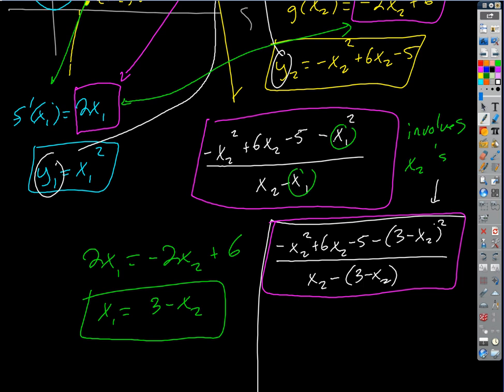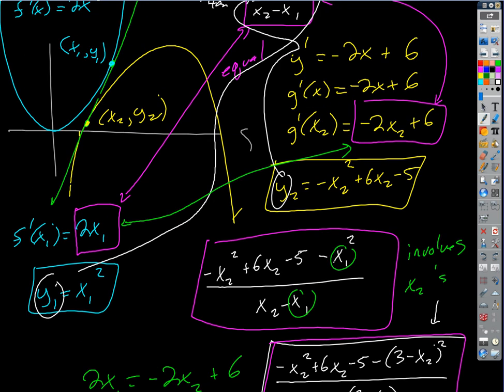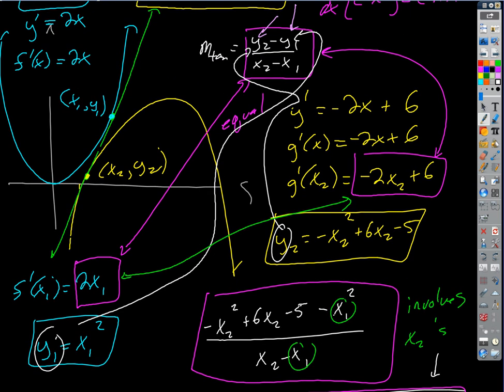For example, I could use either one of my derivatives. How about this one right here? y prime equals g prime of x sub 2, because this is coming from the sub 2 equation. I could plug in x sub 2 there and find out what the slope is.